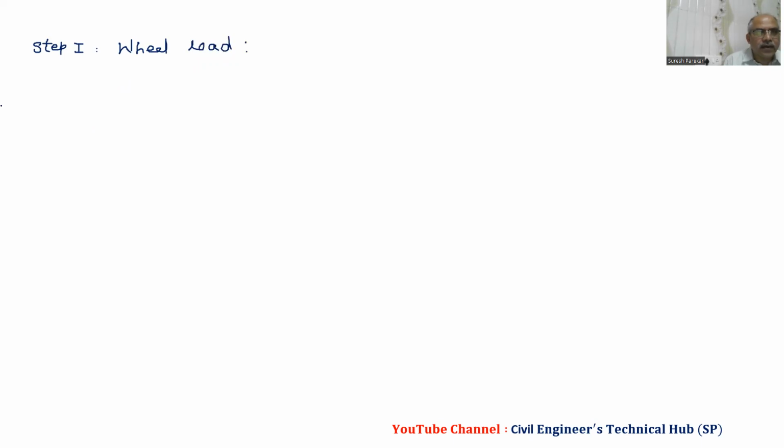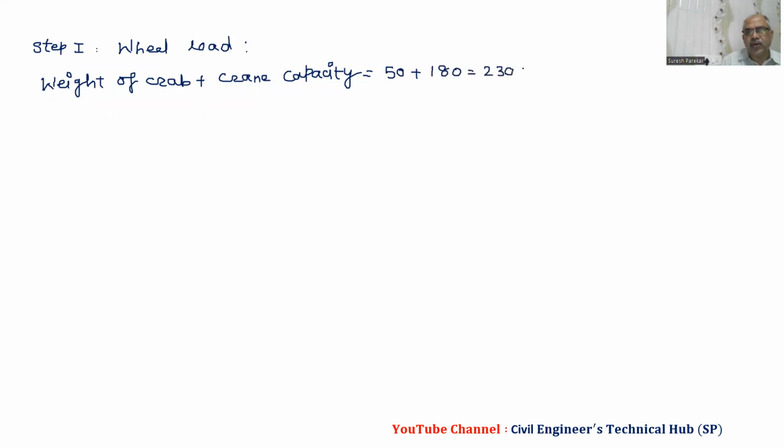In this we have to find out weight of crab, motor, everything, plus crane capacity. Weight of crab is equal to 50 plus crane capacity 180. So we have a total value of 230 kilonewtons.